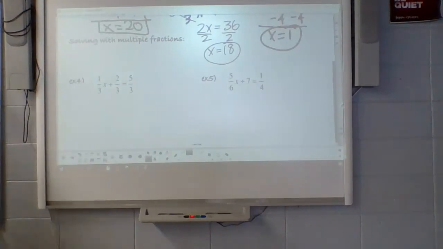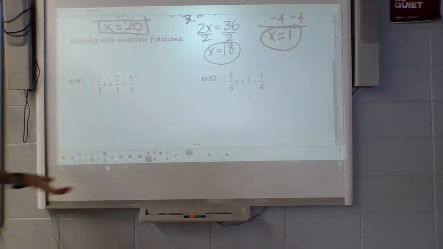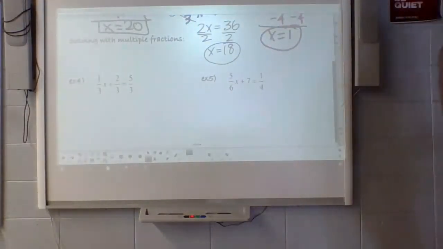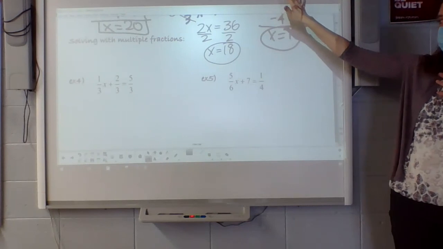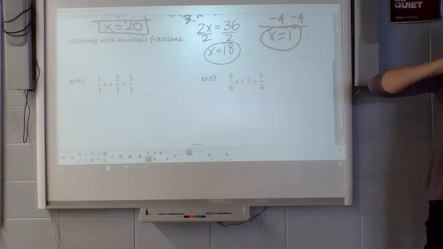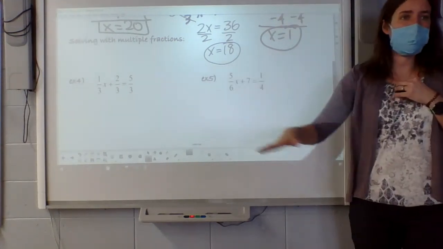Do you guys know anything about example 4 that looks helpful or good about it? All the denominators are the same. So kind of like the last problem, this is a good thing. If all the denominators are the same, just like they were over here, and Ali had said, let's just multiply each side by 3, we can do that here as well.